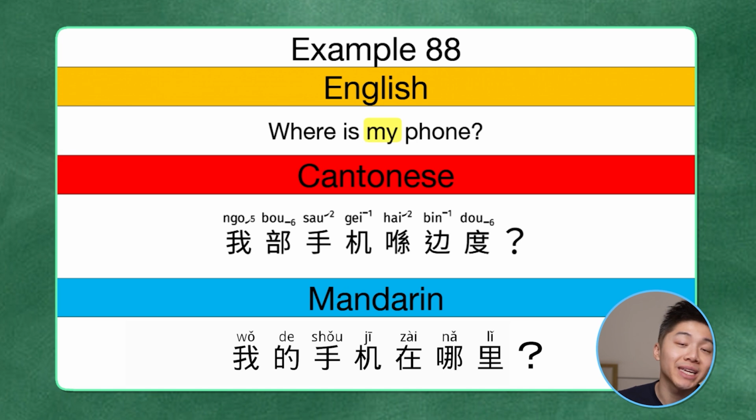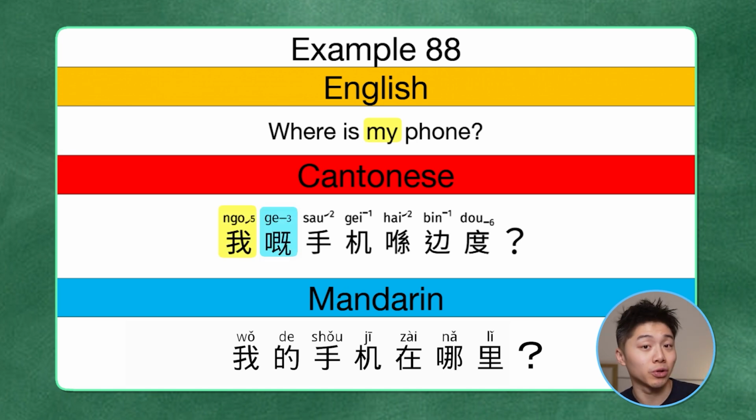First off, to say my in Cantonese, we normally use 我嘅 as we learned earlier, but actually that 嘅 is typically replaced with the measure word of whatever it is. A mobile phone is a 部手機, 一部手機 in Cantonese. For possession in Cantonese, we normally use ge or go for anything where we don't really know the measure word.